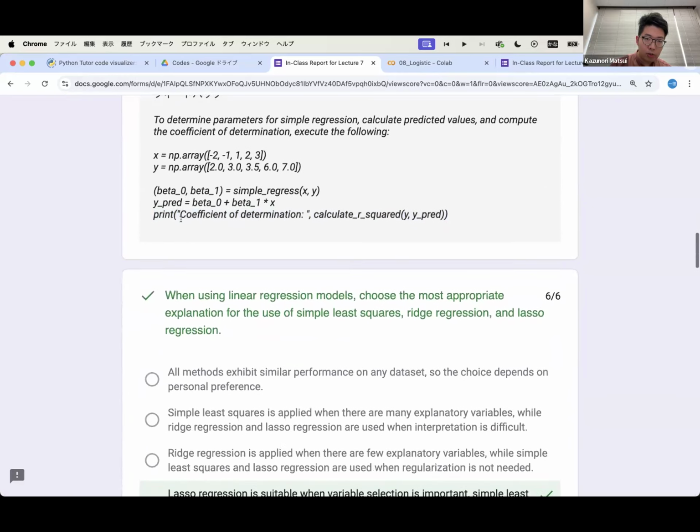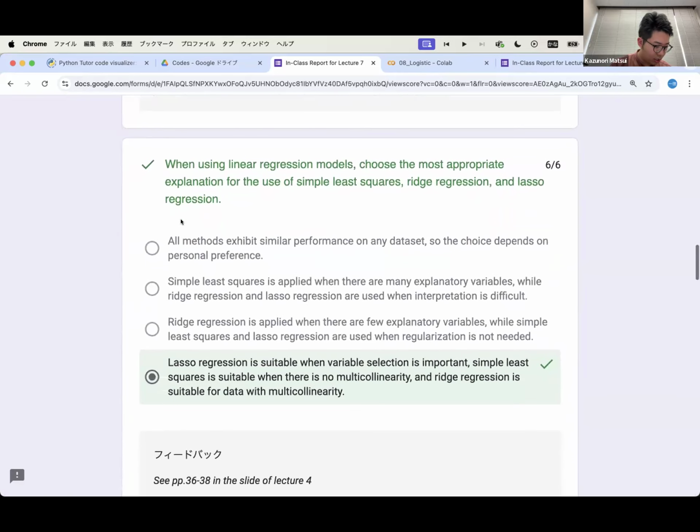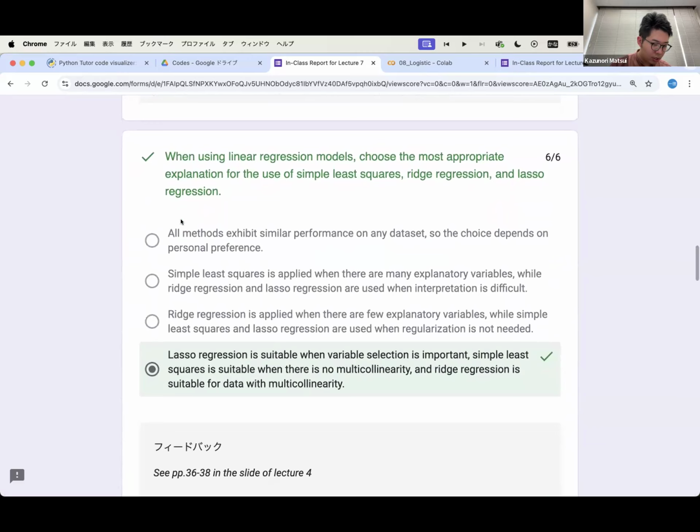Next is about linear regression models. Choose the most appropriate explanation for the use of simple least squares, ridge regression, and lasso regression. The last option is correct. Lasso regression is suitable when variable selection is important.